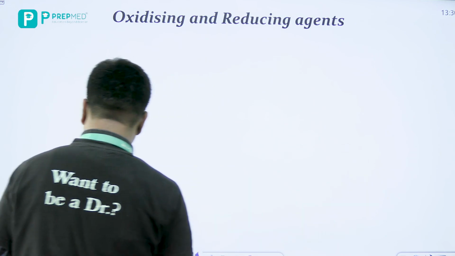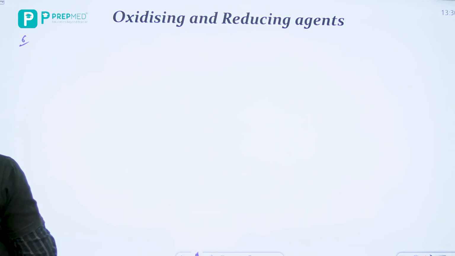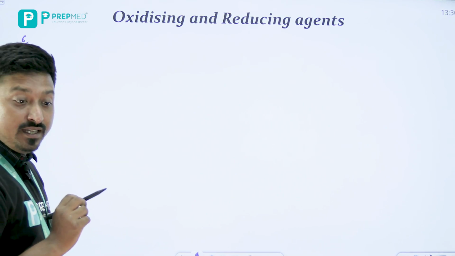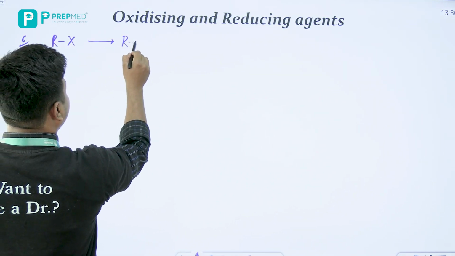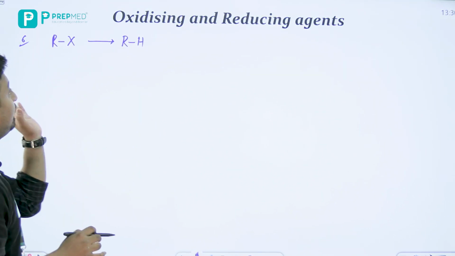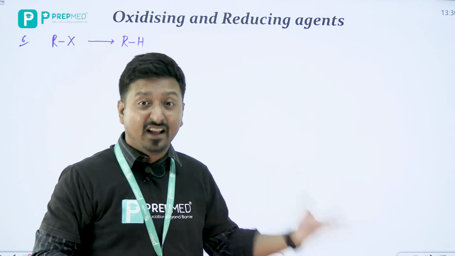In the next case, that will be number 6, the sixth method. Here we will convert RX to RH, and we know the removal of the electronegative element and addition of hydrogen is also called a reduction process, right?